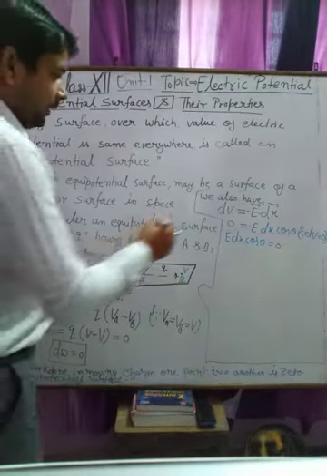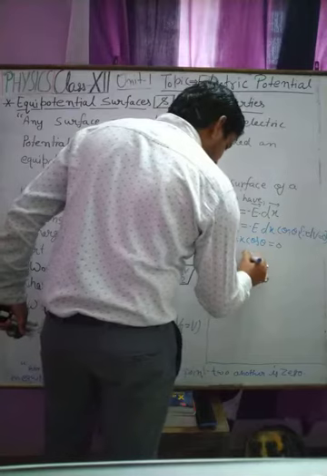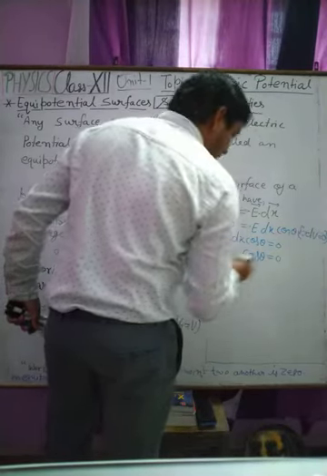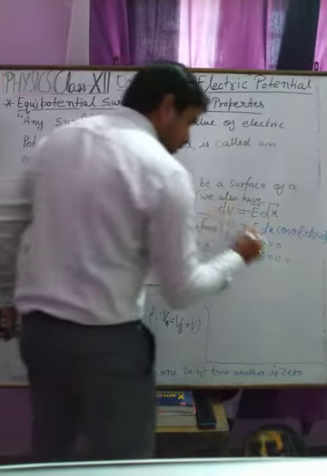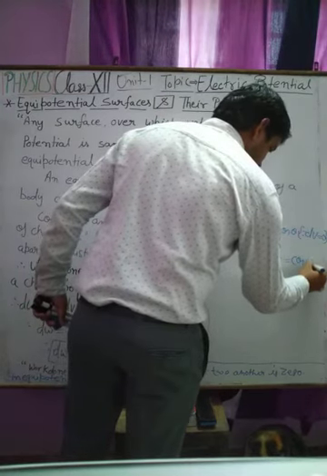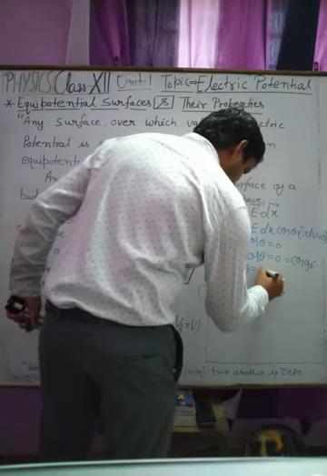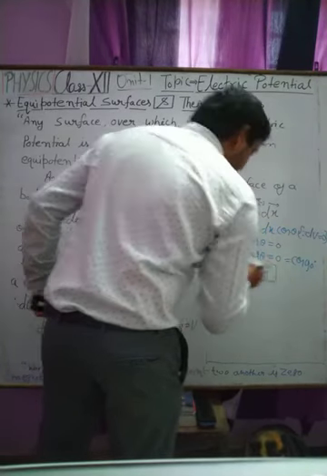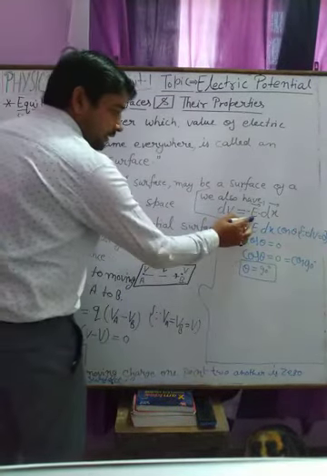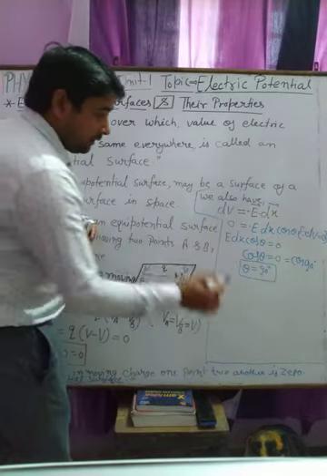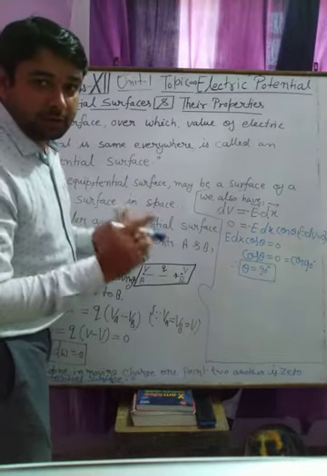Now these values come to the denominator of 0, so we get cos theta is equal to 0, that is, theta is equal to 90 degrees. Here this expression gives us that the electric field is perpendicular, or at 90 degrees, to the equipotential surfaces.